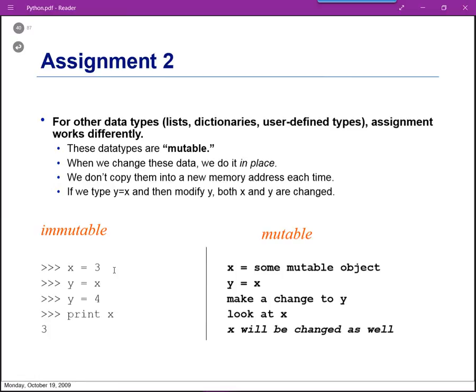Again, mutable: we change this data right there. X is some mutable value, and then if we change Y, X will be changed. So when we make a change to Y, when we say mutable value object, that's that list right there. That's a mutable object.